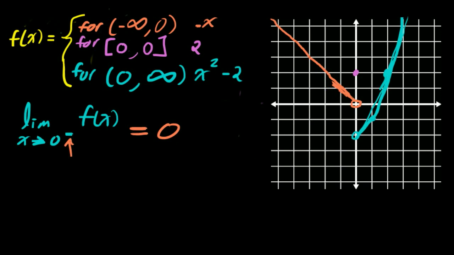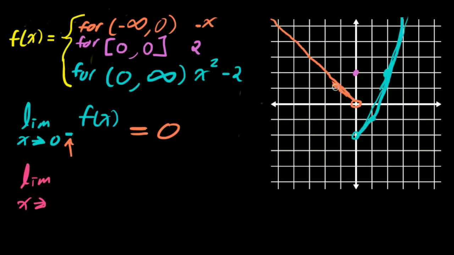Similarly, and you can probably imagine that I'm going to ask you this question now, what if I was going to ask, what is the limit as x approaches 0, but I only want to take into consideration the values that are just a little bit bigger than 0?